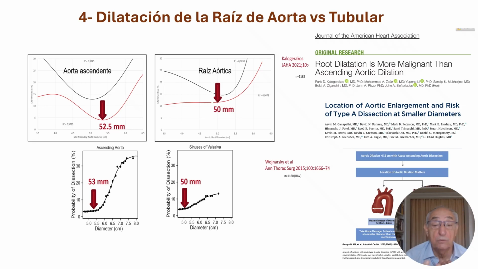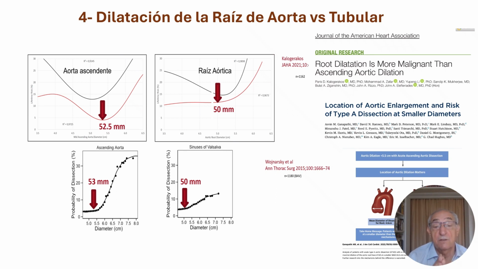But there are other studies that have validated this point and do show that in the aortic root, 50 millimeters is where the risk of complication spikes, and in the ascending aorta at 52.5 and 53, if you want to say so, meaning that it appears the root carries a higher risk of complications than the tubular aorta.